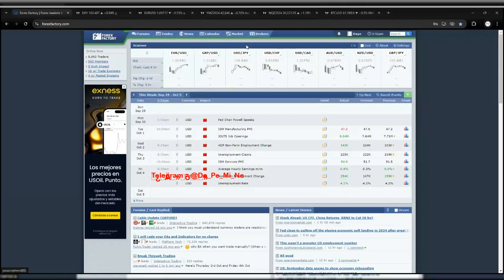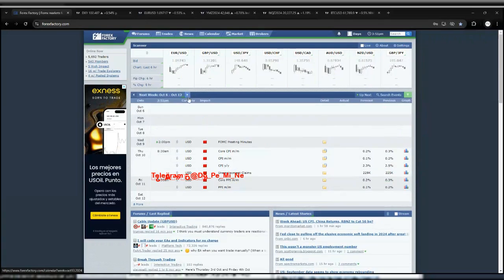For example, next week, see, here we have 3 days that have high news events. So it's highly probable that we will see that on Thursday for some asset classes. Highly probable. If not Thursday, it's Wednesday.